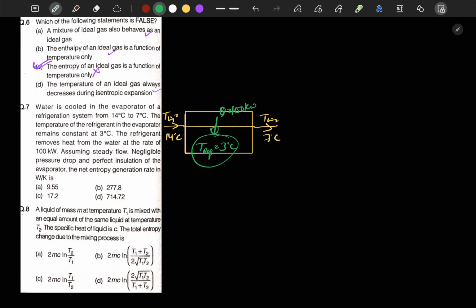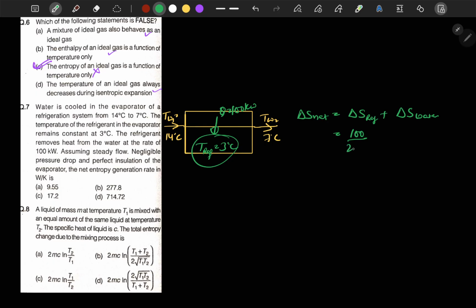Okay, so if we are talking about the entropy generation, net entropy generation, delta S net, can be written in two parts: delta S of refrigerant plus delta S of water. Okay, so the refrigerant receives 100 kilowatt of heat at a temperature of 3 degrees centigrade, that is 276 Kelvin.